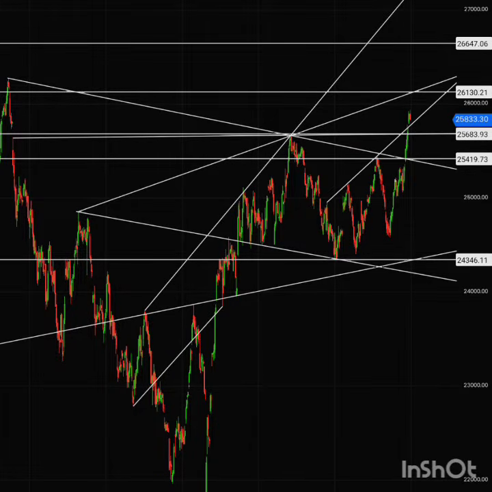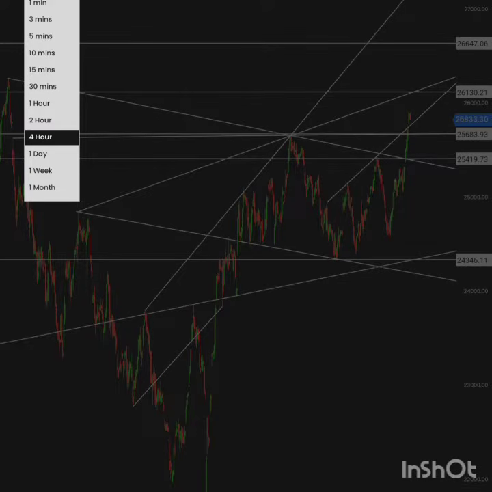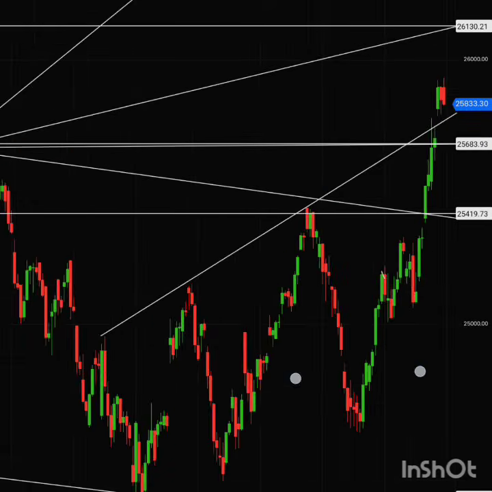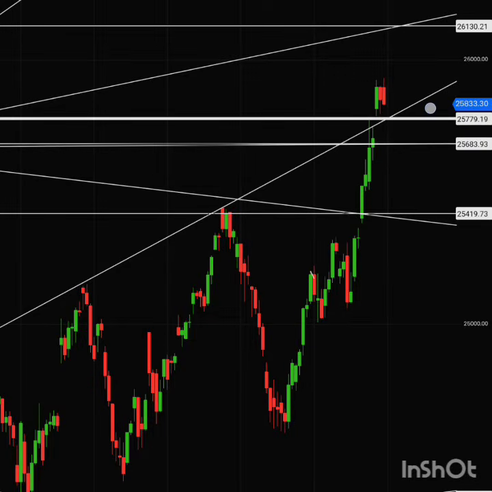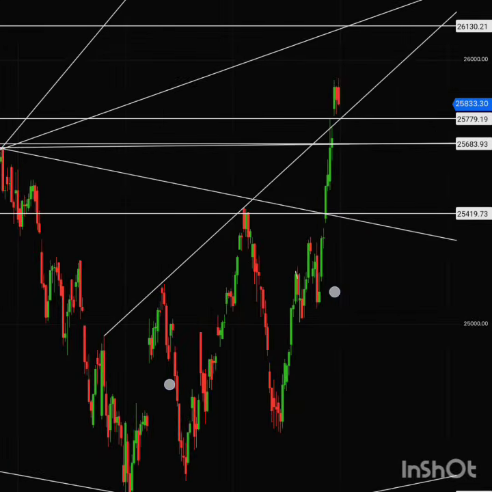Even if you check this in the 2 hour chart, sorry, okay, we can check from here as well. See this, the previous time I mentioned that if Nifty can move above 25,780 it will act as a resistance, because of this line.